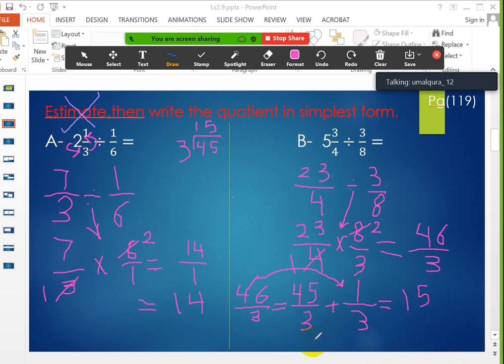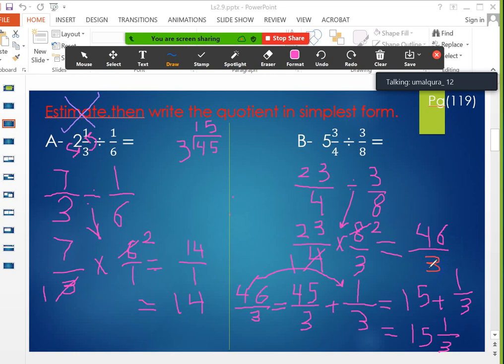So this will be 15 plus 1 over 3. If I want to write it as a mixed number as we learned, it will be 15 and 1 over 3. This is the simplest form for the answer. Okay? I will repeat it again.